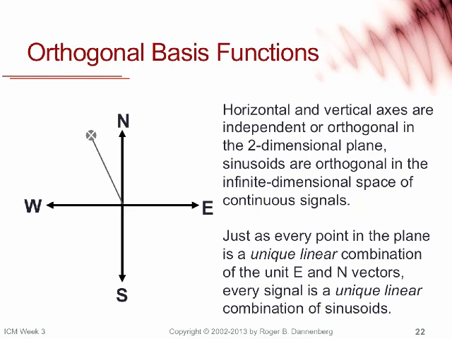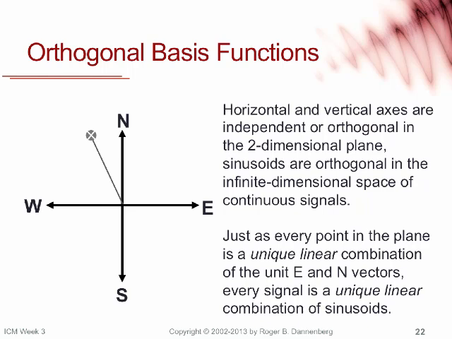And the important thing here, the reason for bringing this up, is that just as you can decompose any location on a map into a certain amount north and a certain amount west, you can decompose any sound into a certain amount at 100 hertz and a certain amount at 100.1 hertz, and at all these infinite frequencies, the amplitudes are uniquely determined.